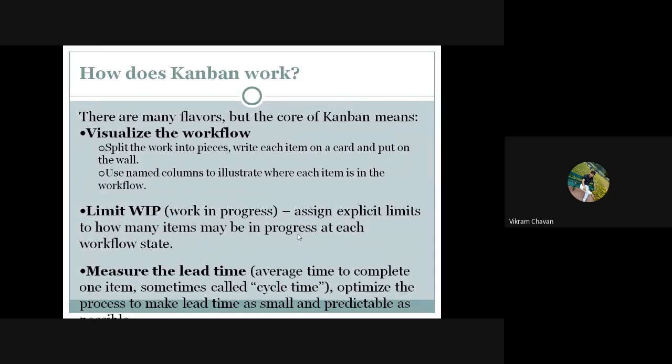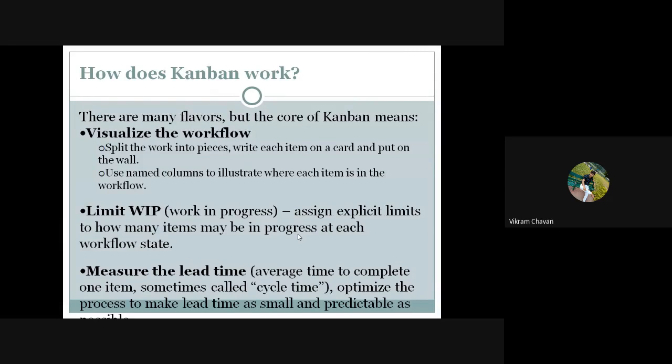Then we discussed the main flavors of Kanban, meaning how it is useful for industries. First of all, it gives an overview of the entire plant, that is, it visualizes the workflow. For that purpose, we take one board, and on that board the columns should be provided according to the segmentation of the work.